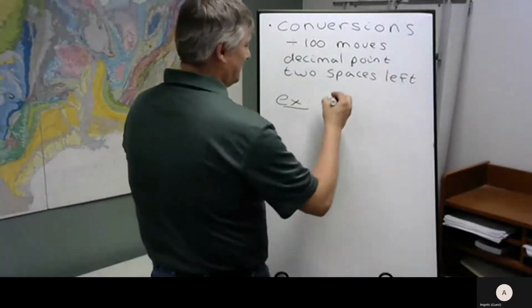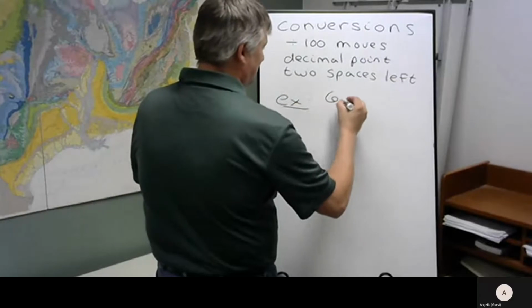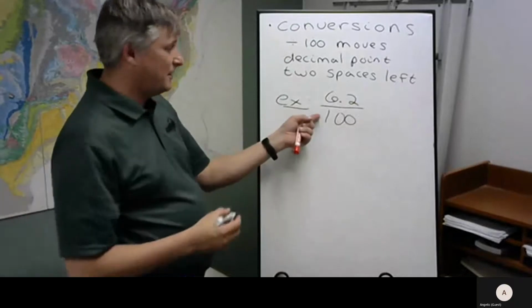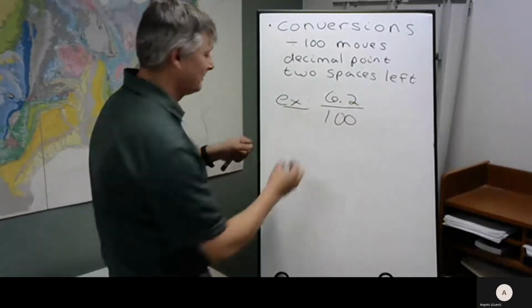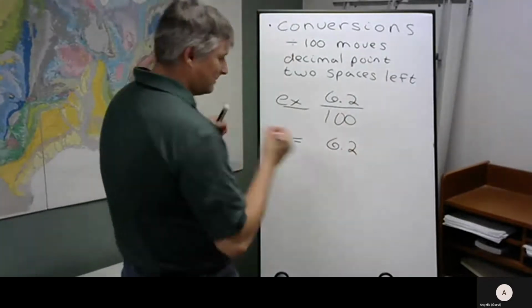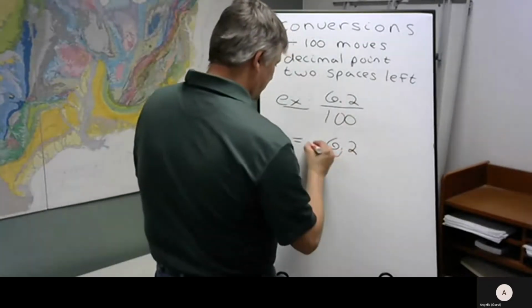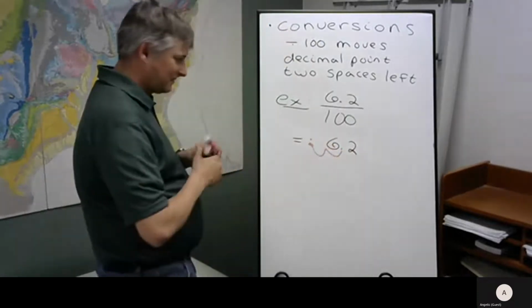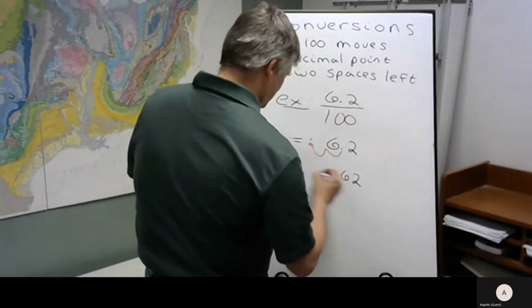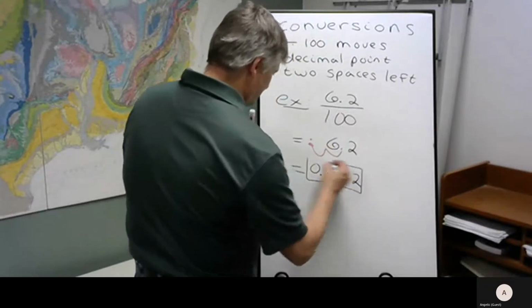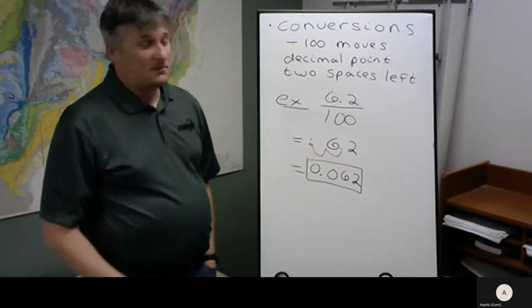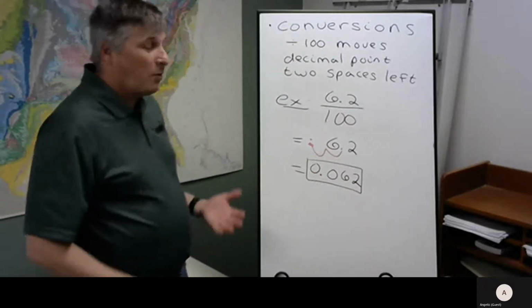So for example, if you have 6.2 over 100, which is the same as dividing by 100, we'll move once, we'll move again. We get 0.062 or 62 thousandths. So questions about that?